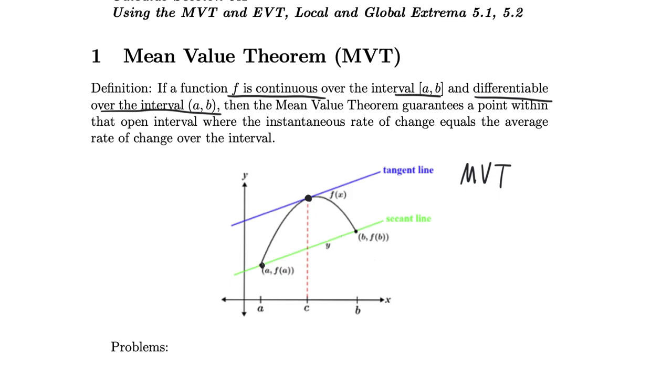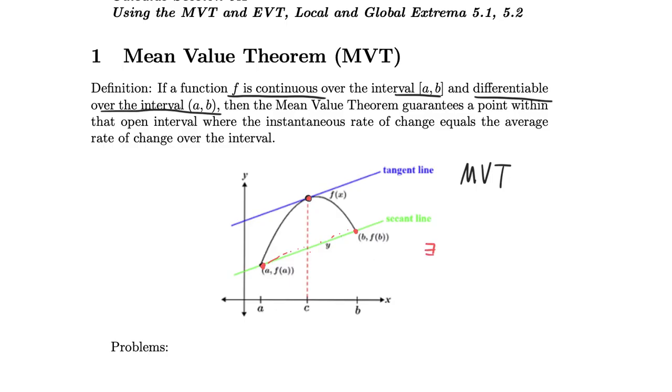So here we see a and b, these are basically the boundaries of this interval. It has an average rate of change. And what the MVT guarantees is that if you have a differentiable function over [a, b], then you can find a point between a and b.